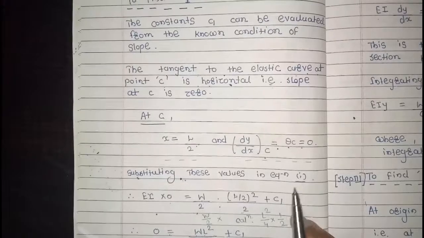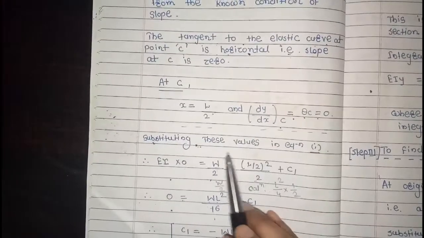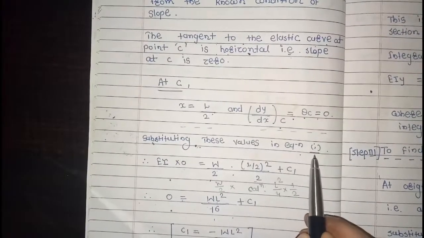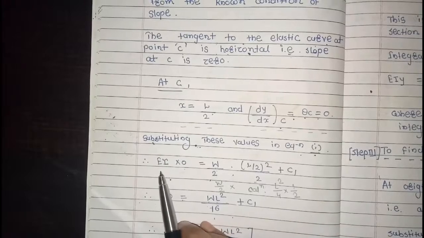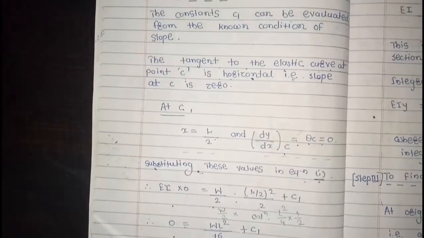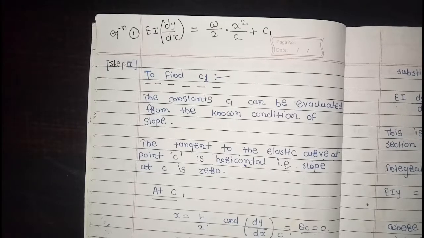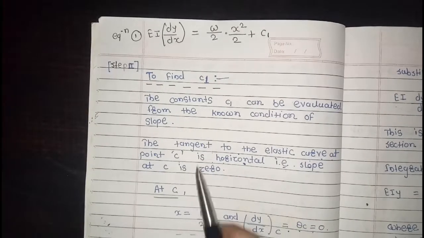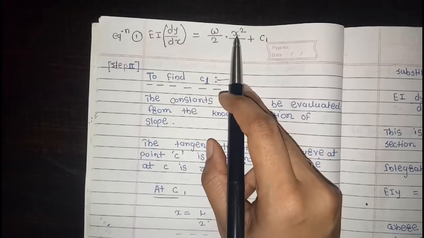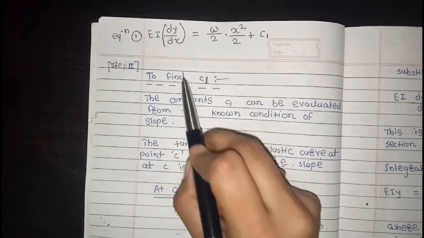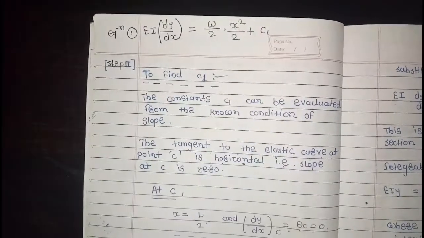Substituting these values in equation 1, put x is equal to L by 2 and dy by dx is equal to 0.